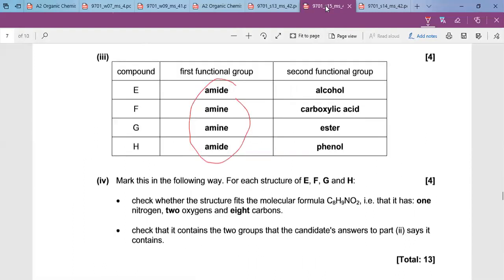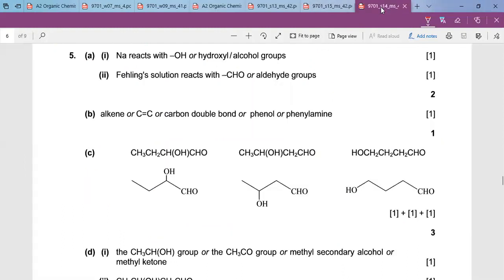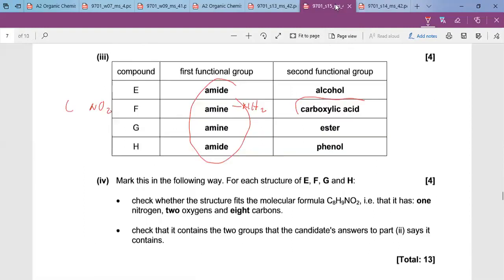So see, alcohol, carboxylic acid. I told you, here the amine has NH2. Then there's NO2, remember? The formula is C8H9NO2.